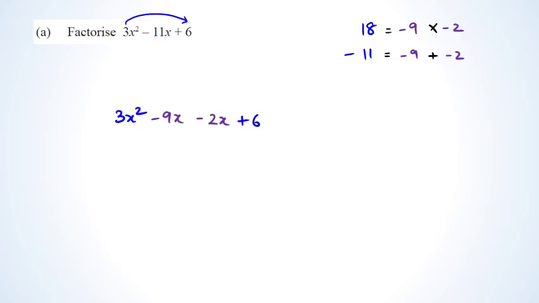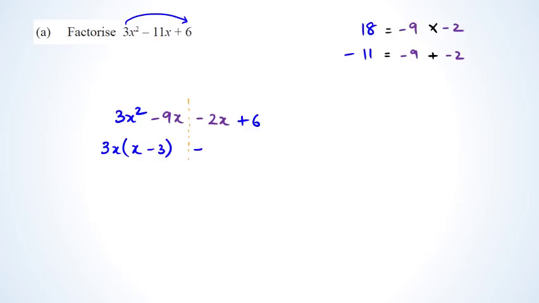plus 6. So once I do this part here, I start to factorize the first two terms and the last two terms. Looking at the first two terms, 3x² and 9x, I can write this as 3x(x − 3). Then I look at the second part and ask, what is a common factor between minus 2 and 6?